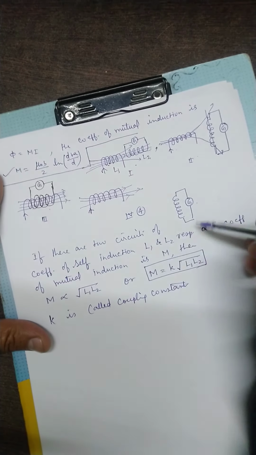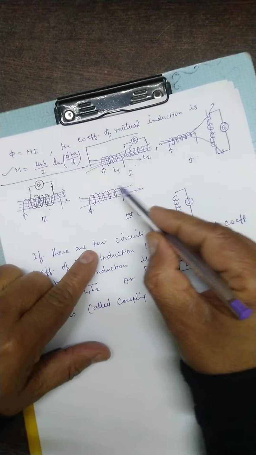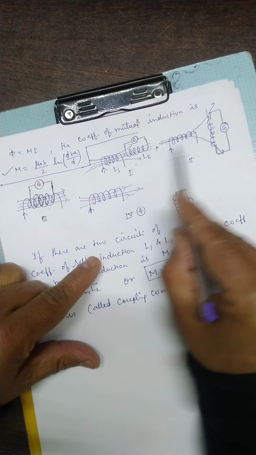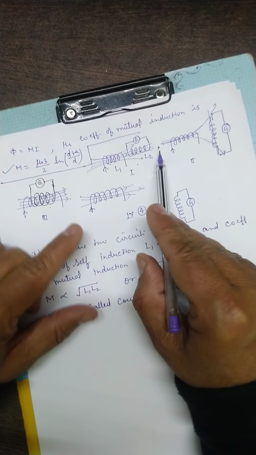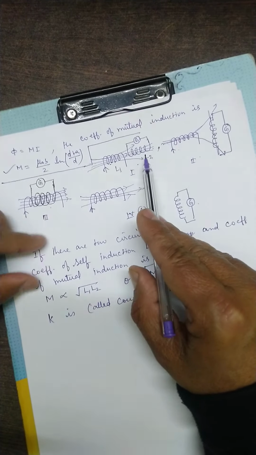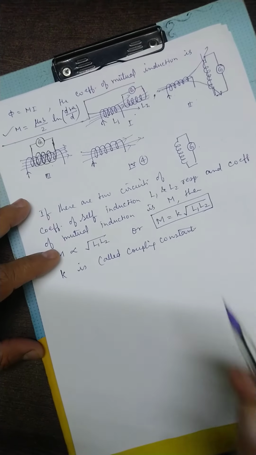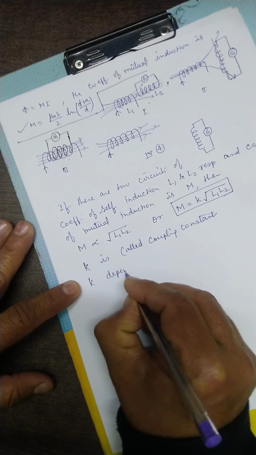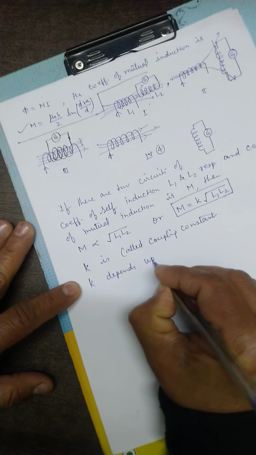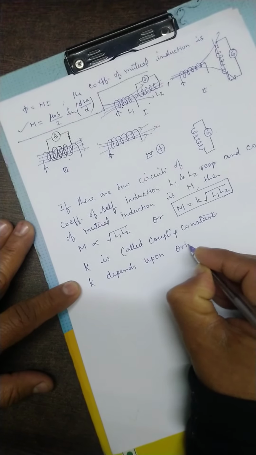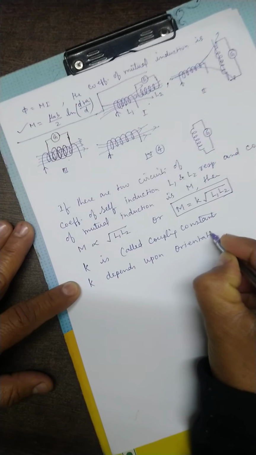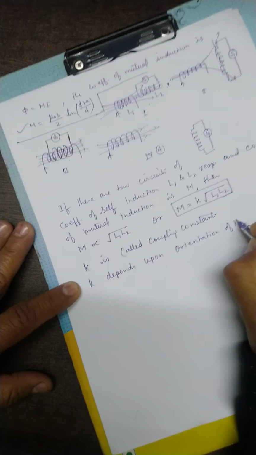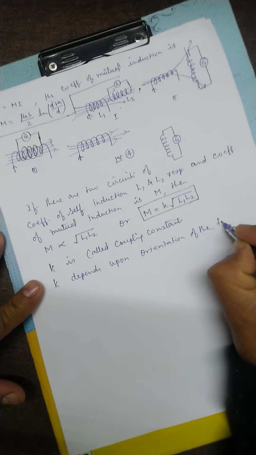And here K is very small. I will never say it is 0, but it is very small. And here K has good value close to some 0.5, 0.6. K depends upon, obviously, number 1, orientation of the two circuits.